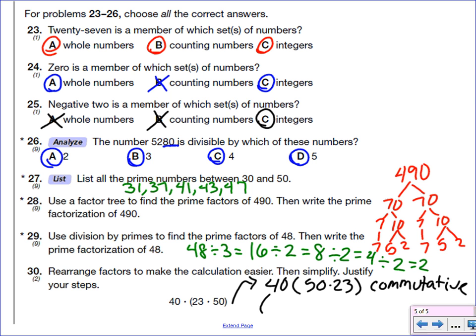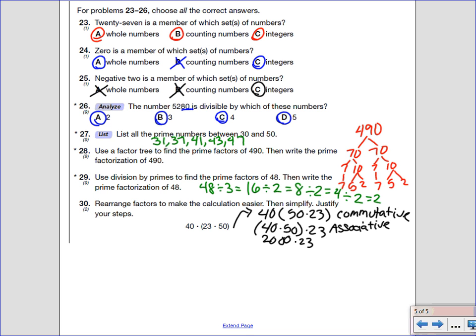And then I'm going to regroup them, 40 times 50 times 23, by the associative property. And then 40 times 50, well, 4 times 5 is 20. And then I have 2 zeros times 23. And then 2 times 23 gives me 46. And then the zeros at the end.